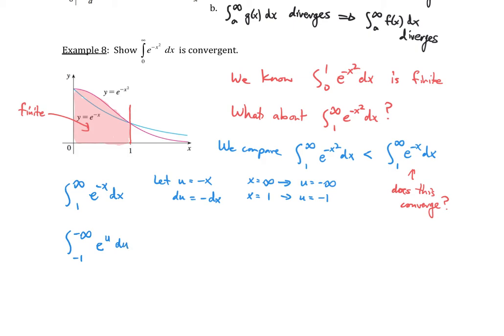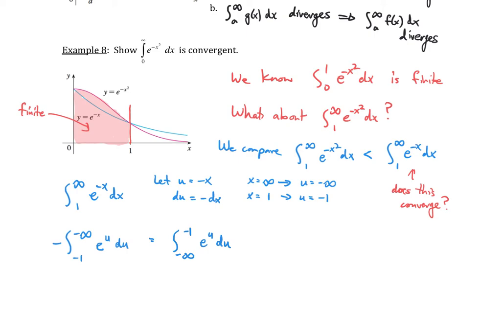And we're going to pull that negative outside, this negative that comes from the dx part. All right. We know that we can interchange the limits of integration, but then that's going to change this negative in front to a positive. So this is going to become the integral from negative infinity to negative 1 e to the u du.